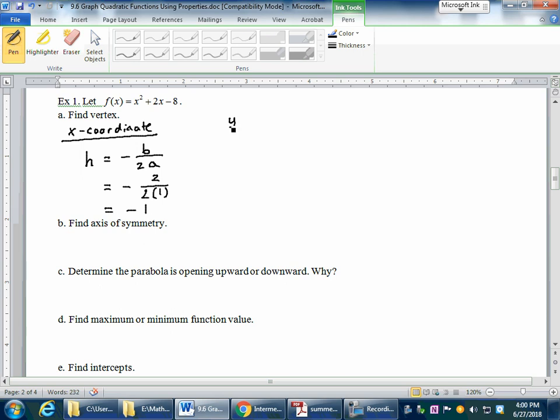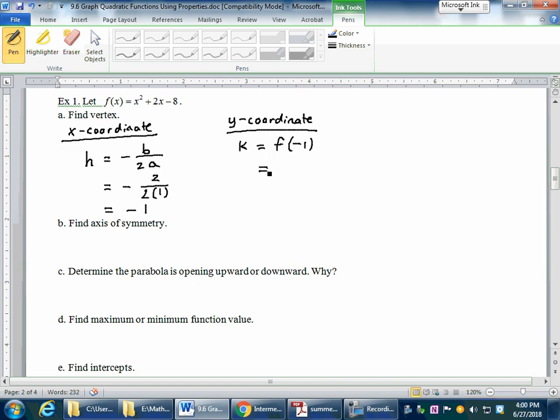And now we need to find the y-coordinate of the vertex, which is basically k. If you know x, you can plug it into the function value f of negative 1.